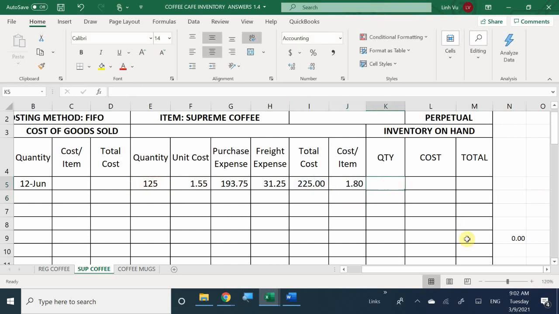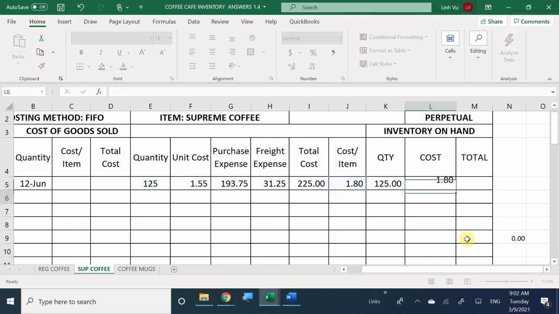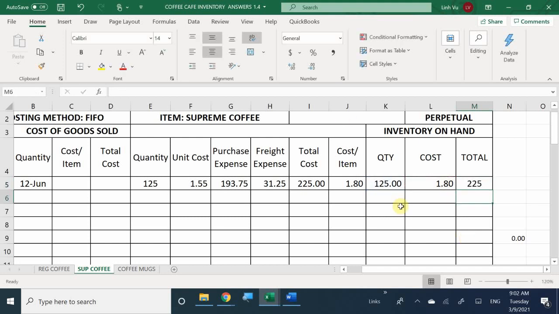Perfect. Okay, so I'm going to move this information over. This one is always going to be a calculated amount for the total cost because we will be changing quantity at all times. We're going to be constantly purchasing, constantly selling, so we need to make sure that we are in line with the batches that we are selling.